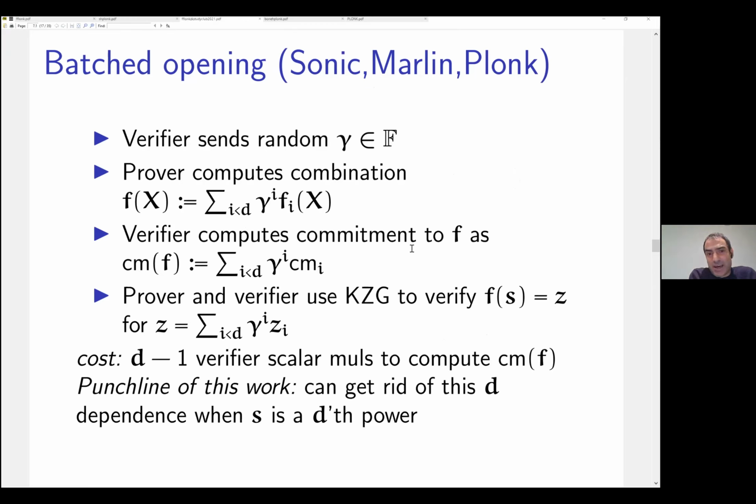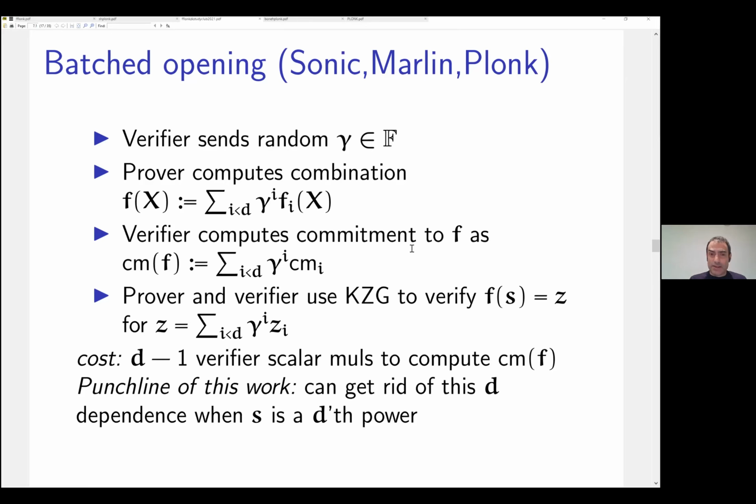So f is now the polynomial that is the sum of gamma to the i times fi. And now the point is the verifier can independently compute a commitment to f, because KZG is additive, as the sum of gamma to the i times CMi.